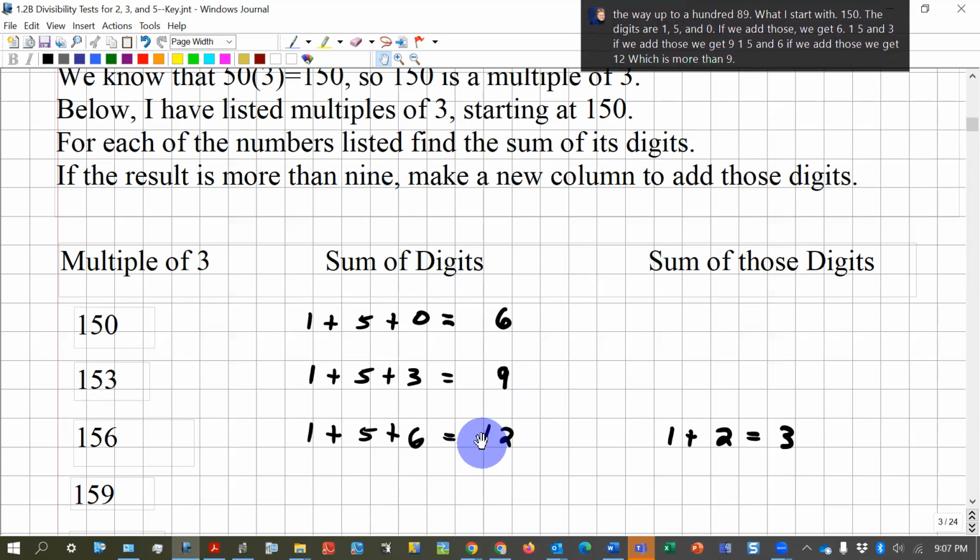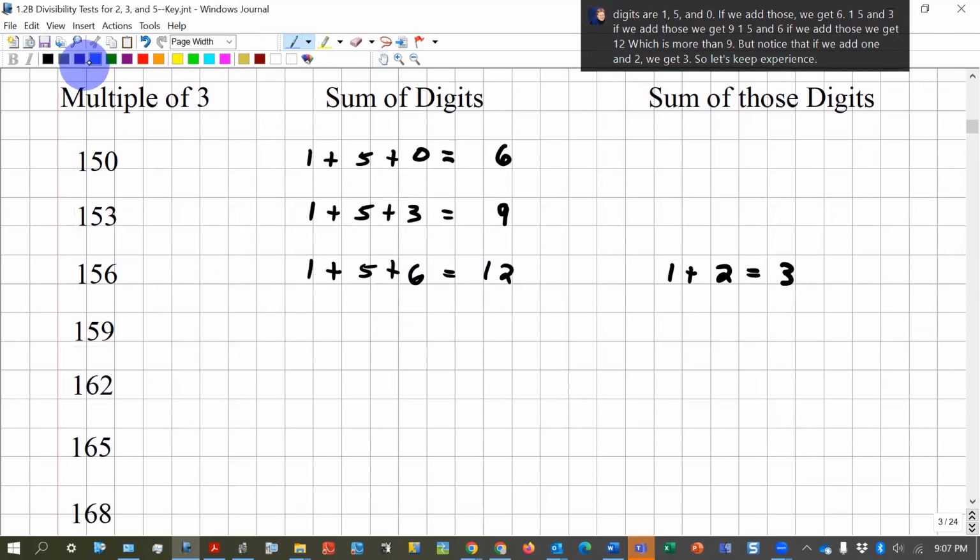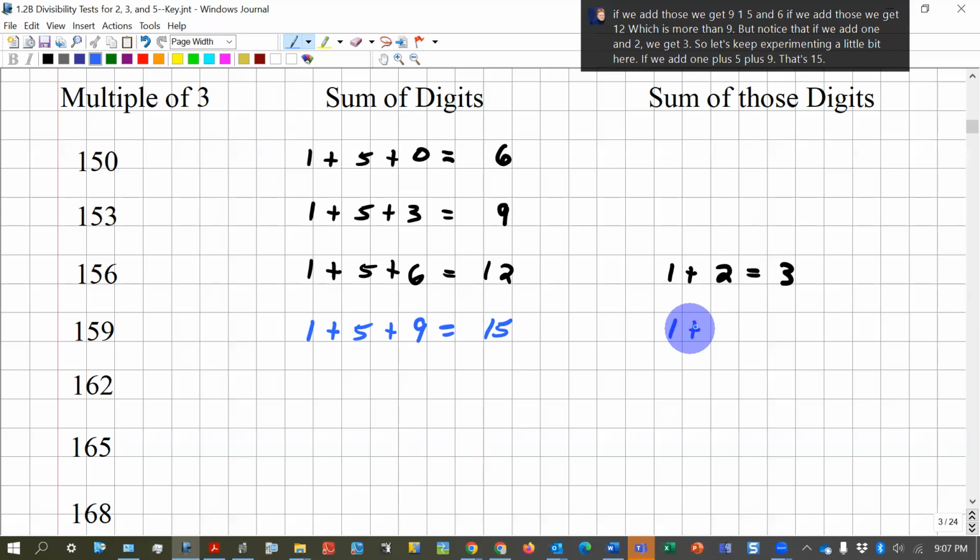But notice that if we add 1 and 2, we get 3. So let's keep experimenting a little bit here. If we add 1 plus 5 plus 9, that's 15. Oh, and then 1 plus 5 would be 6.